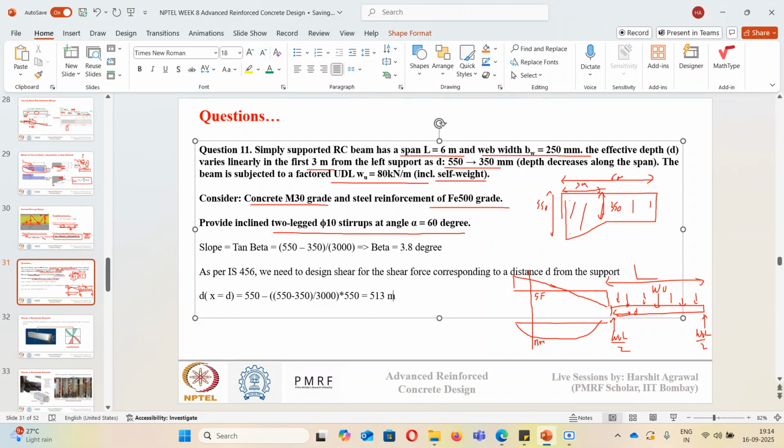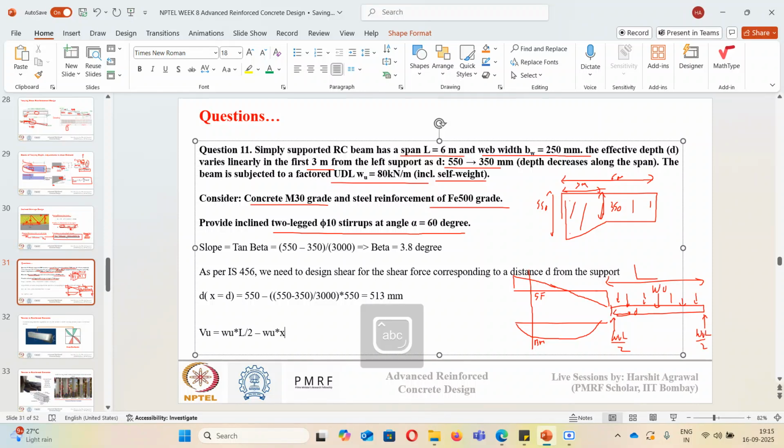Now for this d value, at this distance d, my Vu will come out to be wu times l by 2, which is the force acting at the support, minus wu times x.